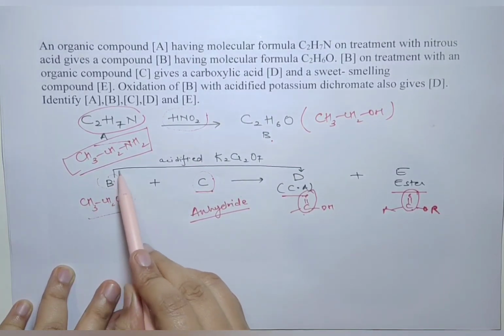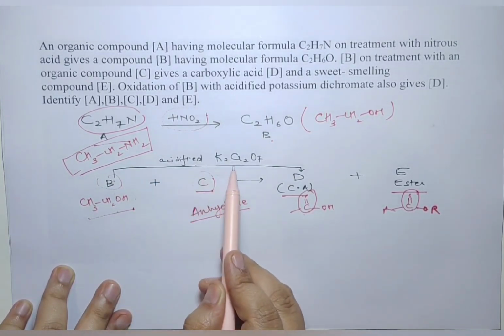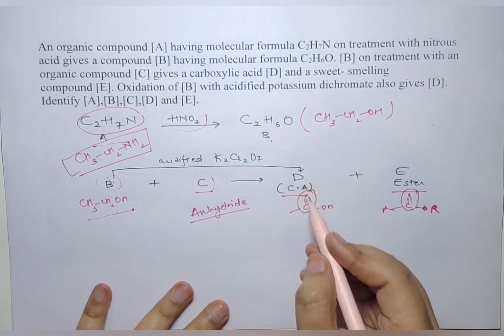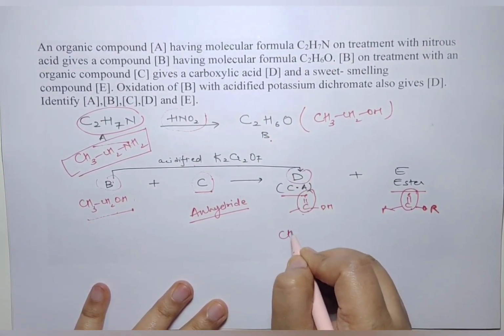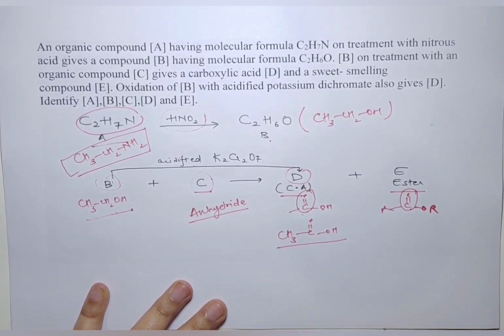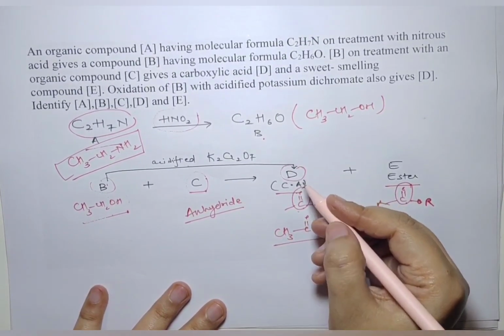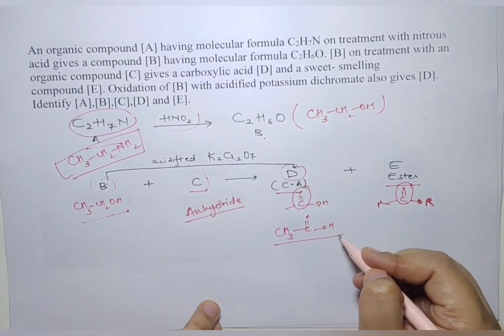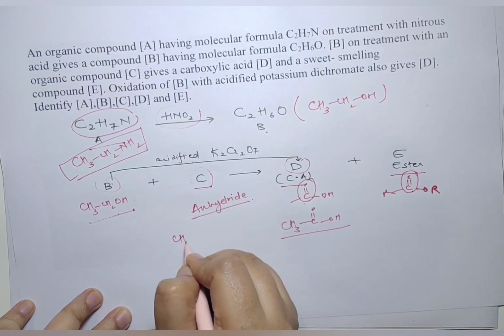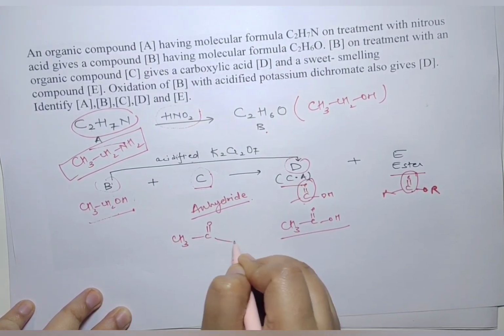But which anhydride? This we get from this information. Our ethanol upon oxidation with acidified K2Cr2O7 gives us D. So your D would be obviously acetic acid. So this is your acetic acid. So this anhydride has to be acetic anhydride.